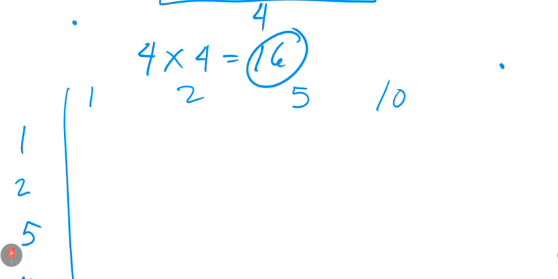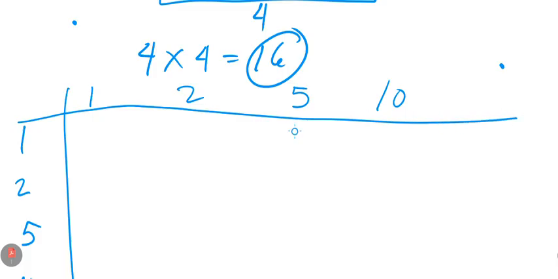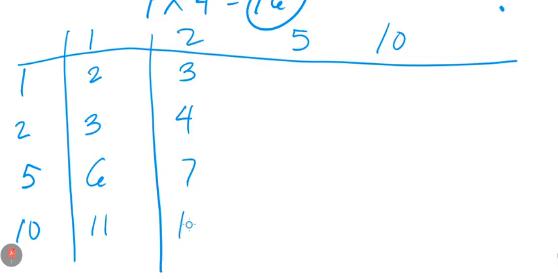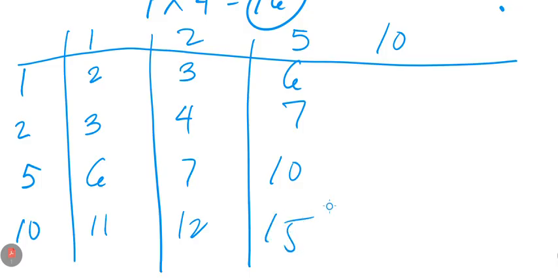Okay, so let's go for that one and the other one. That's going to be 2, 3, 6, and 11. Moving on to 2, that's going to be 3, 4, 7, and 12. Now the next one, 5: total for that is 6, 7, 10, 15.